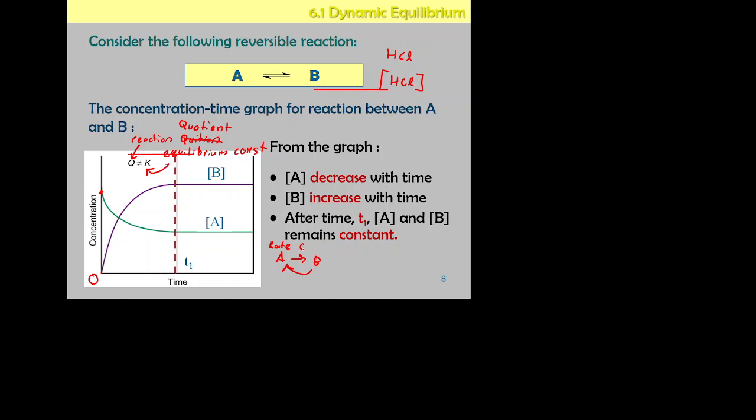Rate dia constant. Kita tahu rate dia constant of A ke B and B ke A is when dia punya concentration of A and concentration of B dah jadi constant.